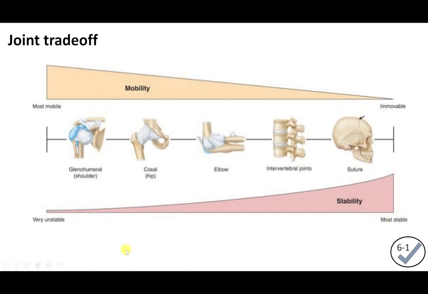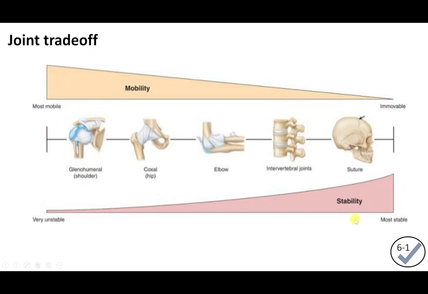On the opposite side of the spectrum here, on the very unstable side, we have our shoulder joint. And you've heard of people dislocating their shoulder joint all the time, right? This is a very common injury here. And it turns out this shoulder joint, though it's quite unstable, is perhaps the most mobile joint we have. And so that's the trade-off.